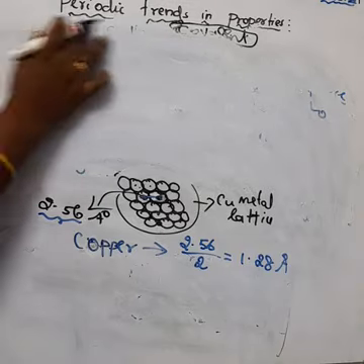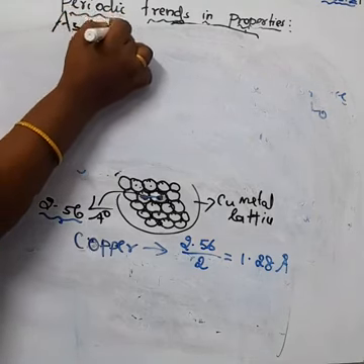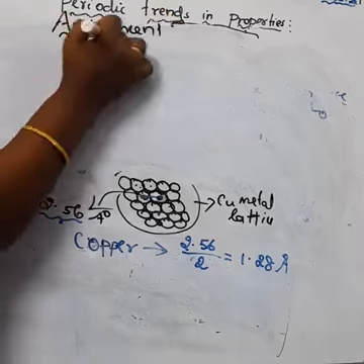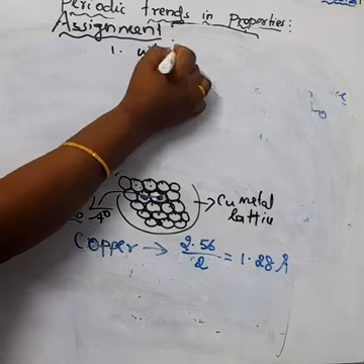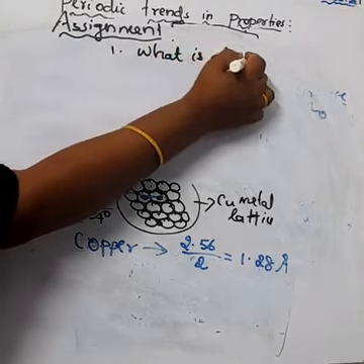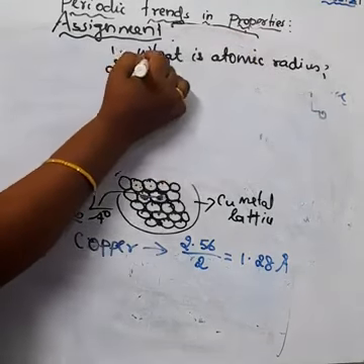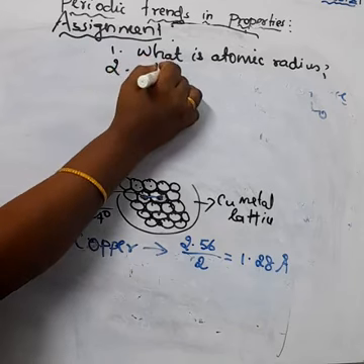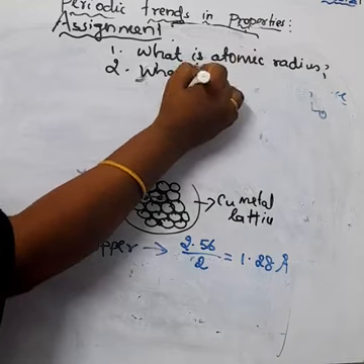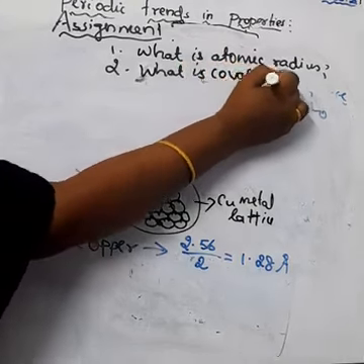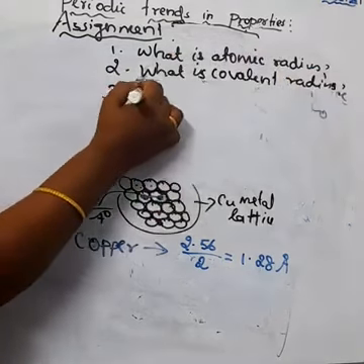Okay, students, today your assignment: 3 simple questions I will give today. Question number 1, what is atomic radius? Question number 2, what is covalent radius? Question number 3, how can you calculate the covalent radius of chlorine atom?